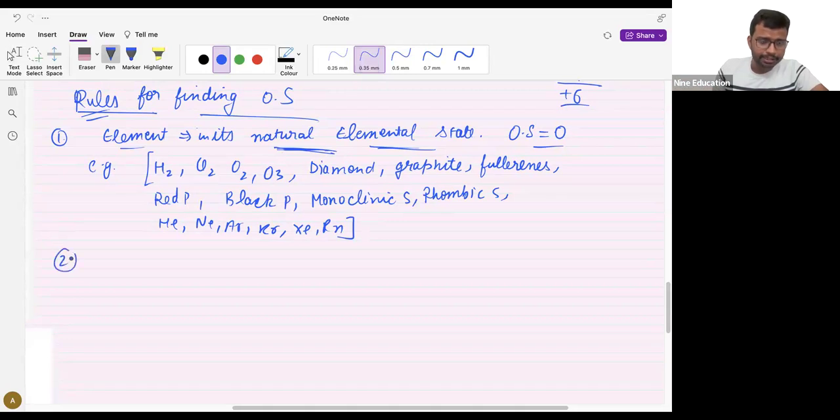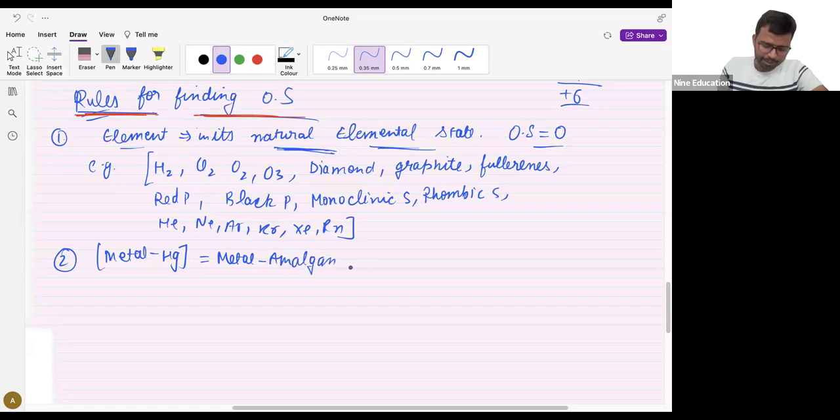Second rule. First rule you now know. Second rule: if we have metal plus Hg, it is known as metal amalgam.